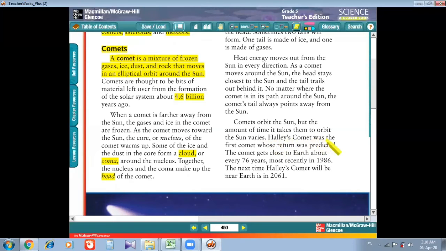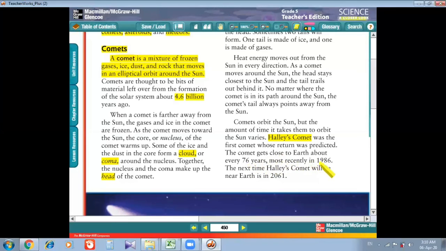Halley's comet was the first comet whose return was predicted. The comet gets close to Earth about every 76 years. It is close to the Earth every 76 years.